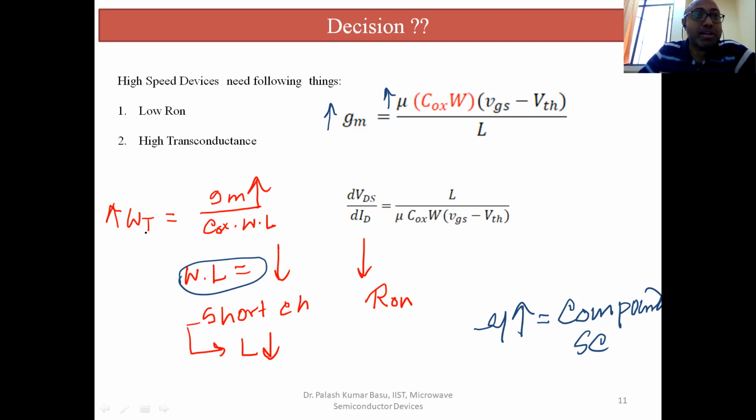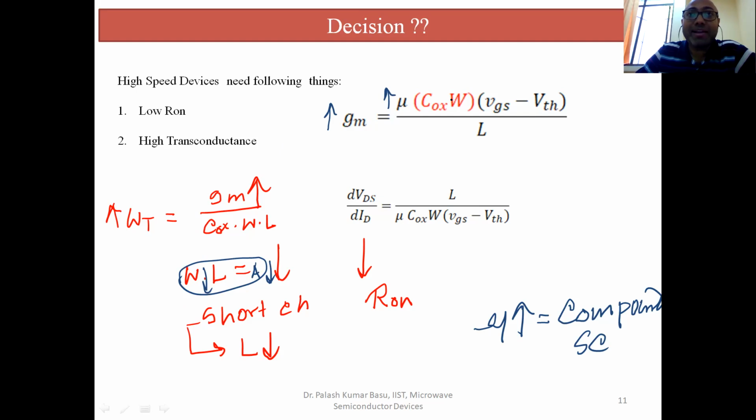If you want to increase the cutoff frequency, your W into L, the cross-sectional area, has to decrease, correct? But if you decrease W, then GM will also decrease. So that you cannot do.